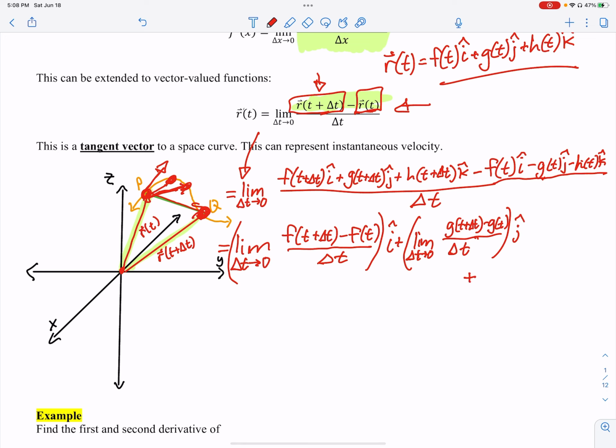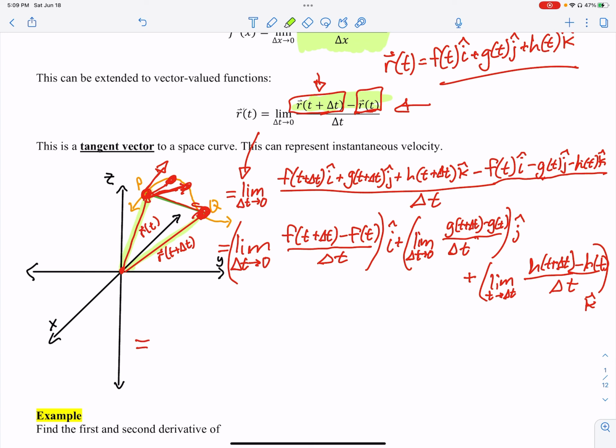And then the last one is going to be the limit as delta t approaches 0 of h of t plus delta t minus h of t all over delta t, k. There we go.